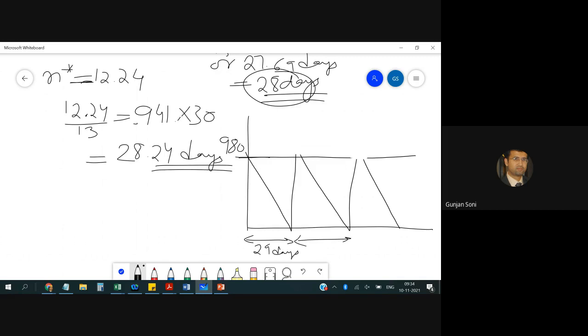Okay, so this is your reorder interval, 29 days. Is it fine? So that's how we do this.